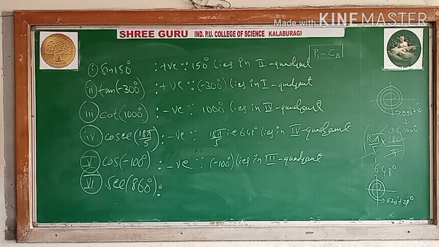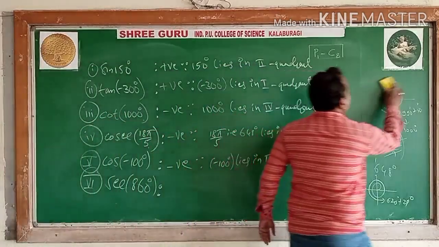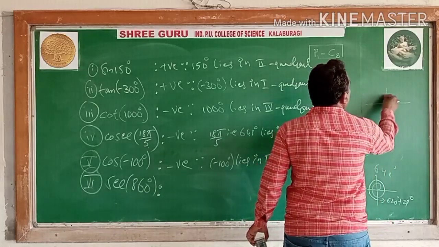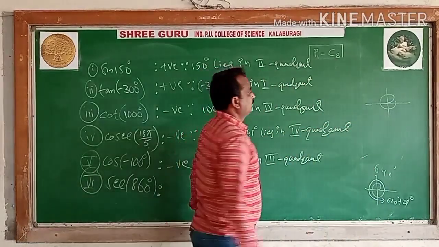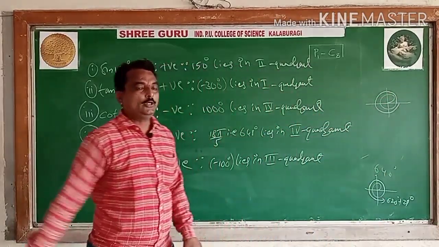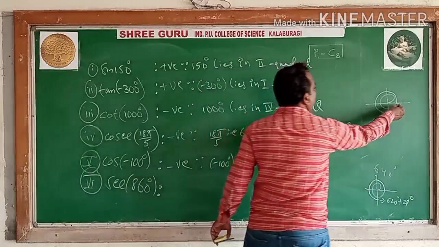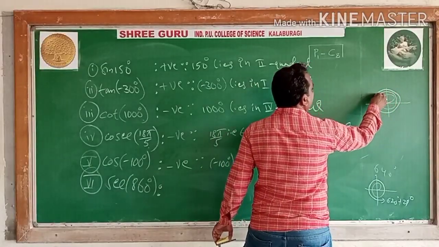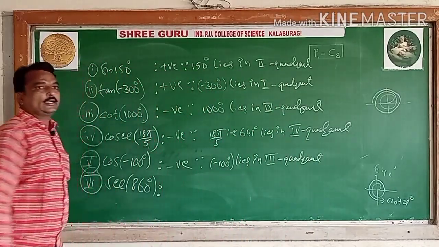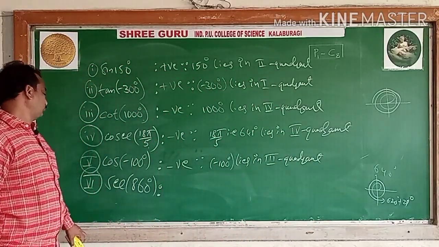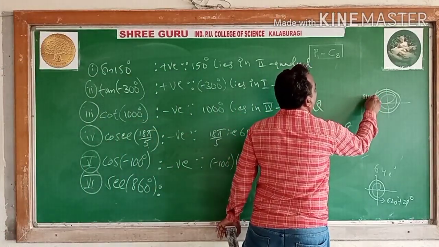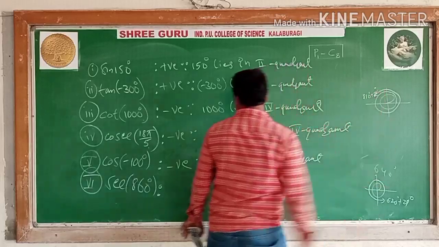Now, students, see 1860 degrees, where it lies. It is one complete rotation of 360, plus another 360, which is 720. Then 720 plus 90 is 810, so 1860 is 1800 plus half of 60, that is, 810 plus half of 90 degrees. This lies in the second quadrant.